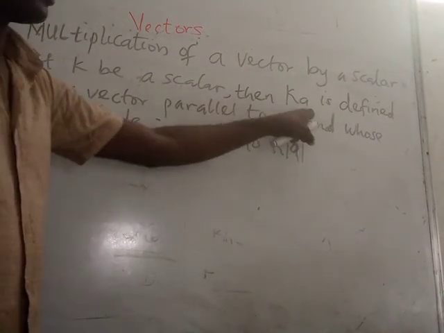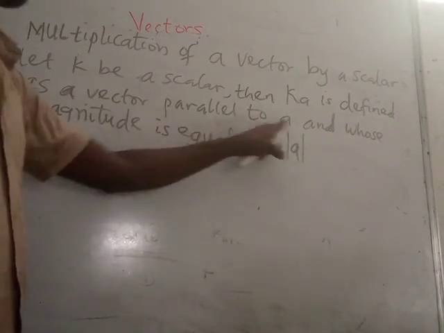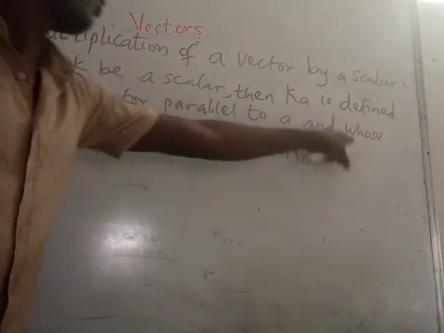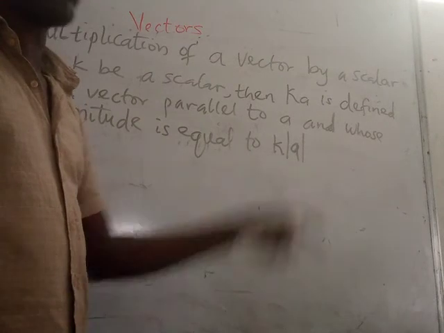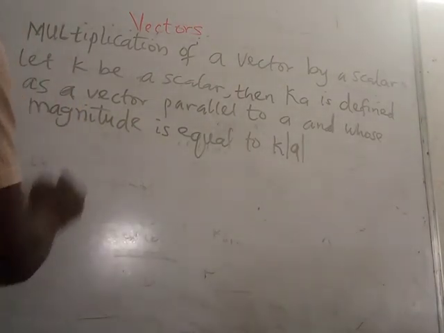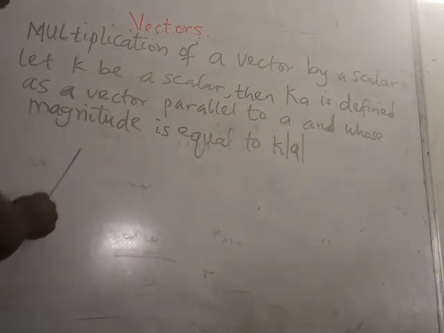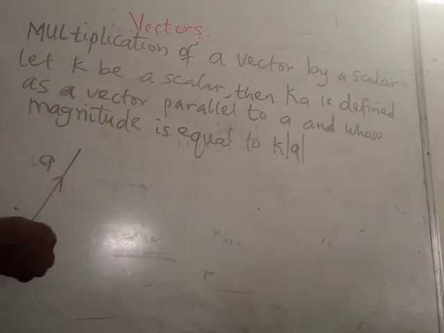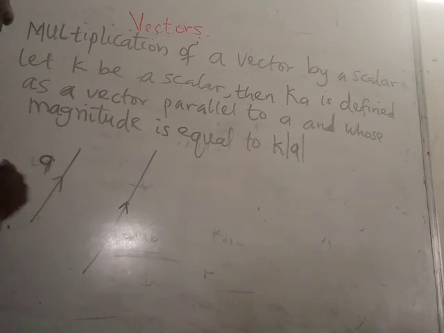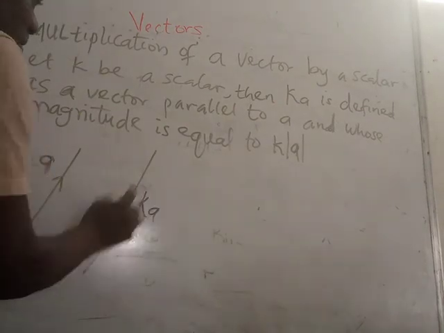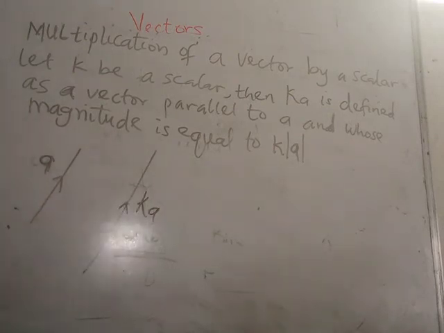Then Ka is defined as a vector which is parallel to vector A and whose magnitude is equal to K times the magnitude of A. Let's say for example I have a vector A, then I have another vector. I am multiplying vector A by K. The vector Ka increases or reduces depending on the value of K.